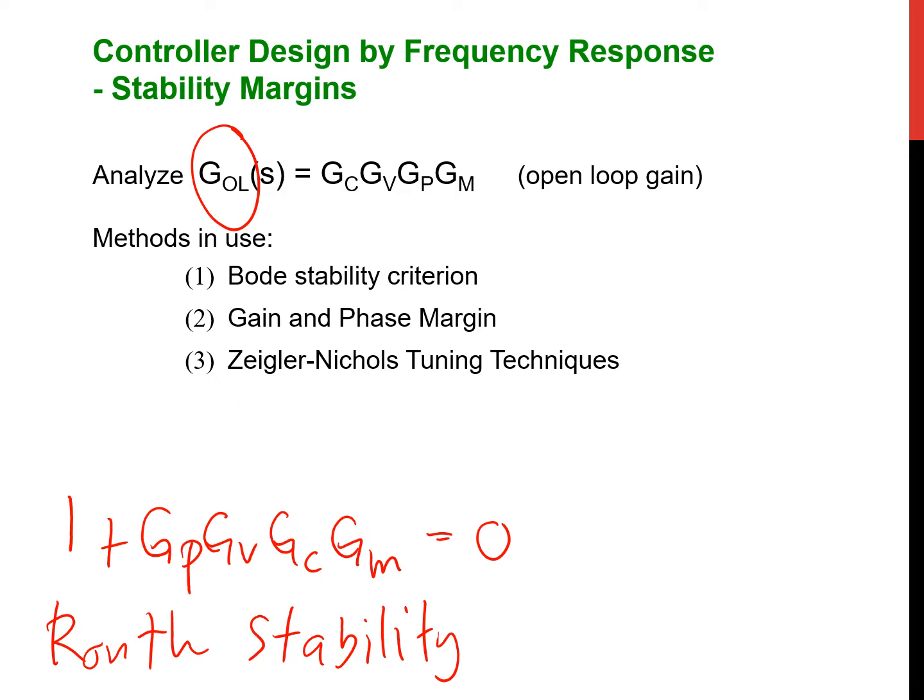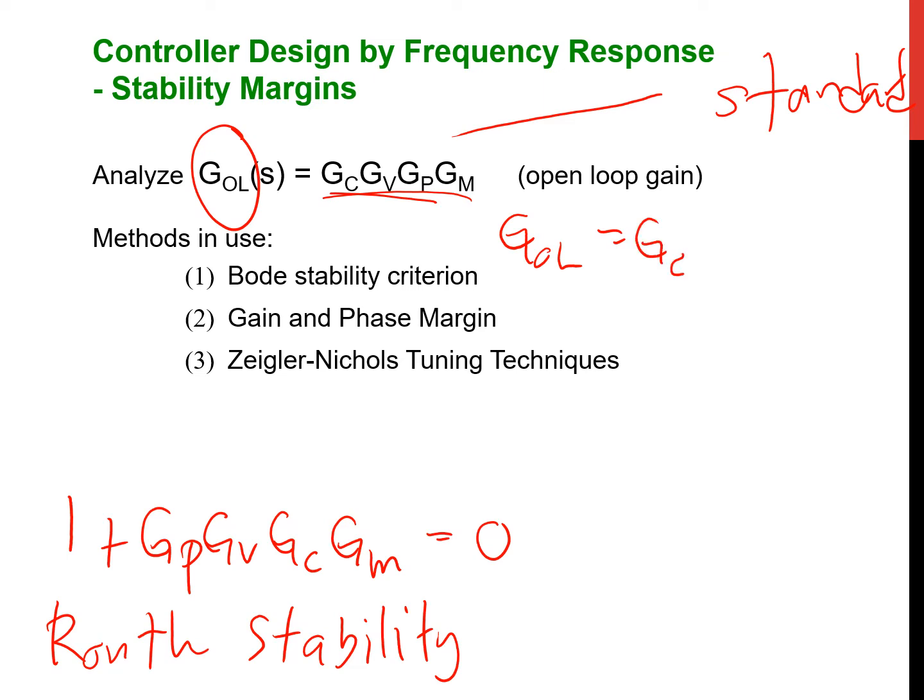When you have all of these four transfer functions, that refers to the standard block diagram. So let's say if you have the GIP, the transducer, then your GOL will be changed: GOL equals GC, GV, GP, GM, GIP.